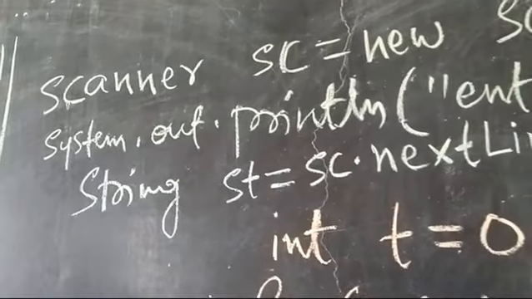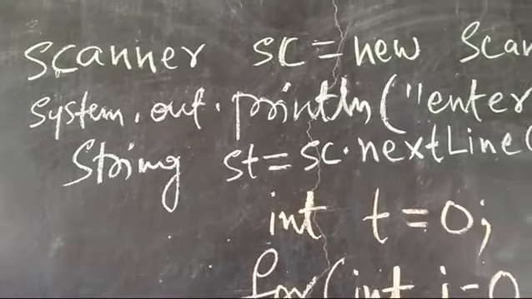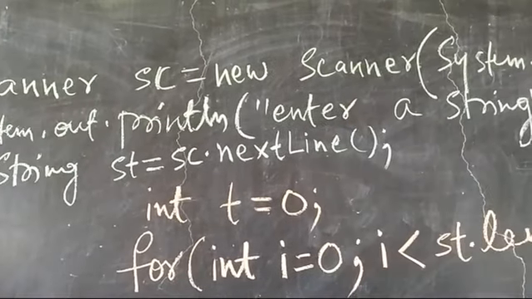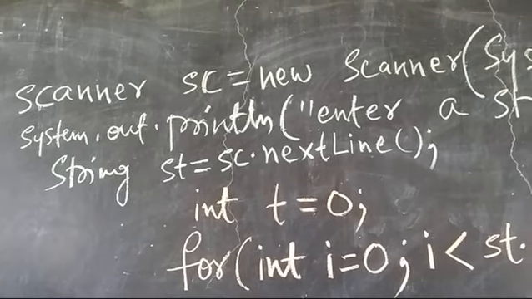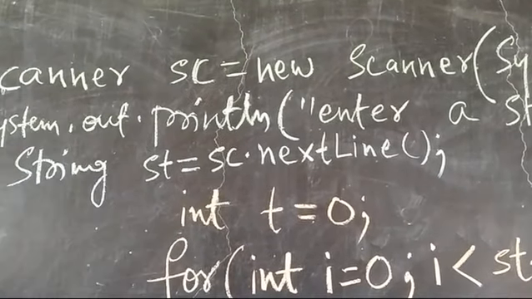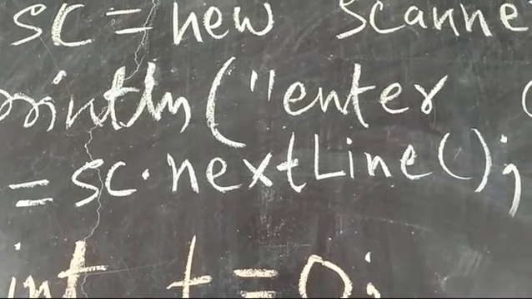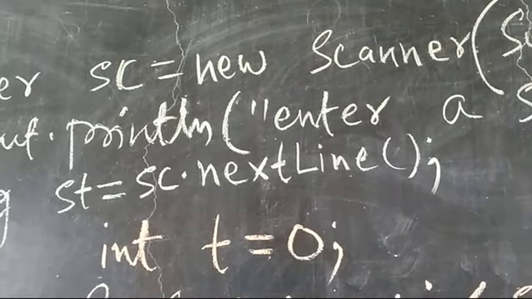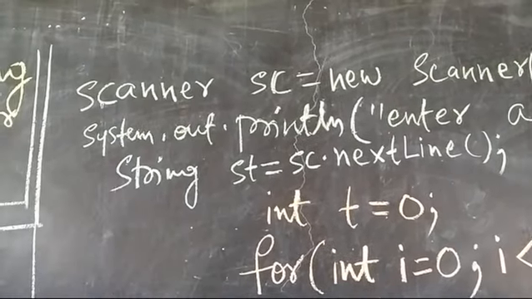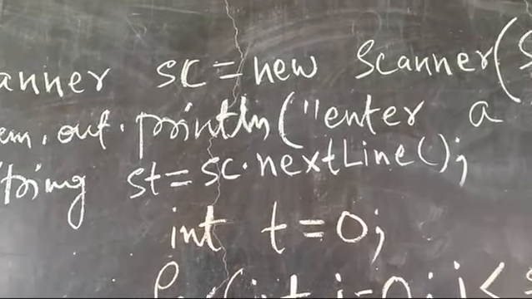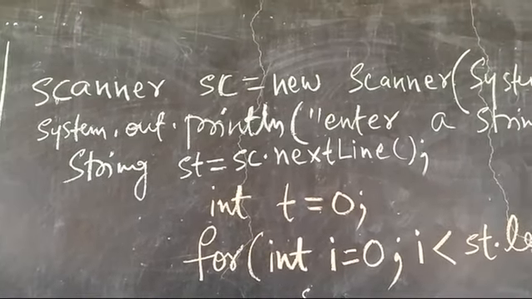The name of the string is st. String st = sc.nextLine(). nextLine is one of the functions used to input a string. Maybe it is a line, maybe a sentence with space, without space, anything. So it is more comfortable to take nextLine.